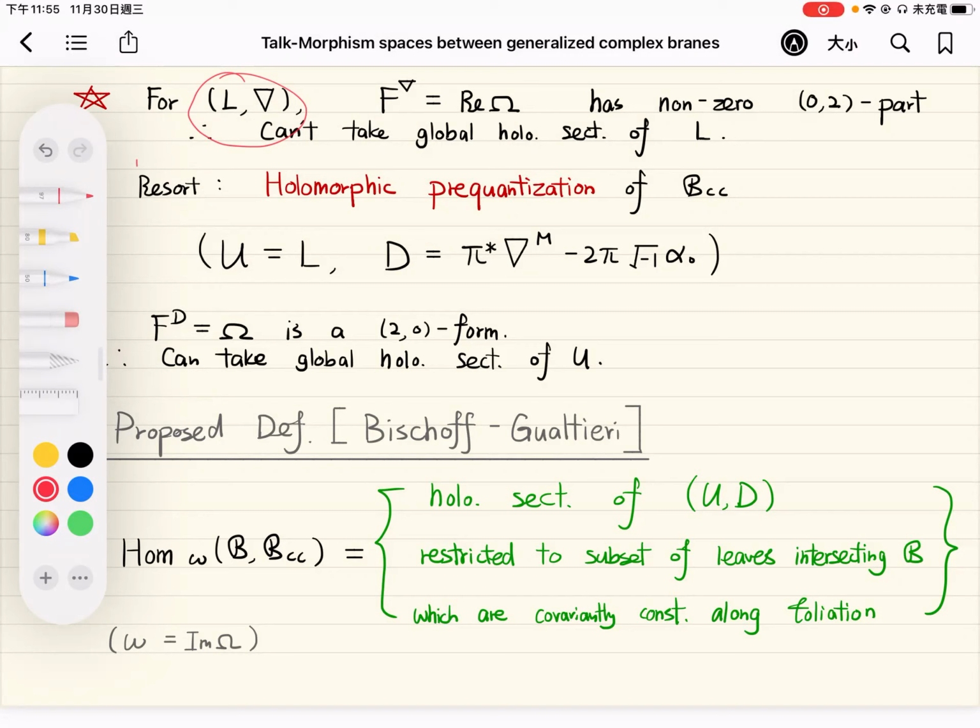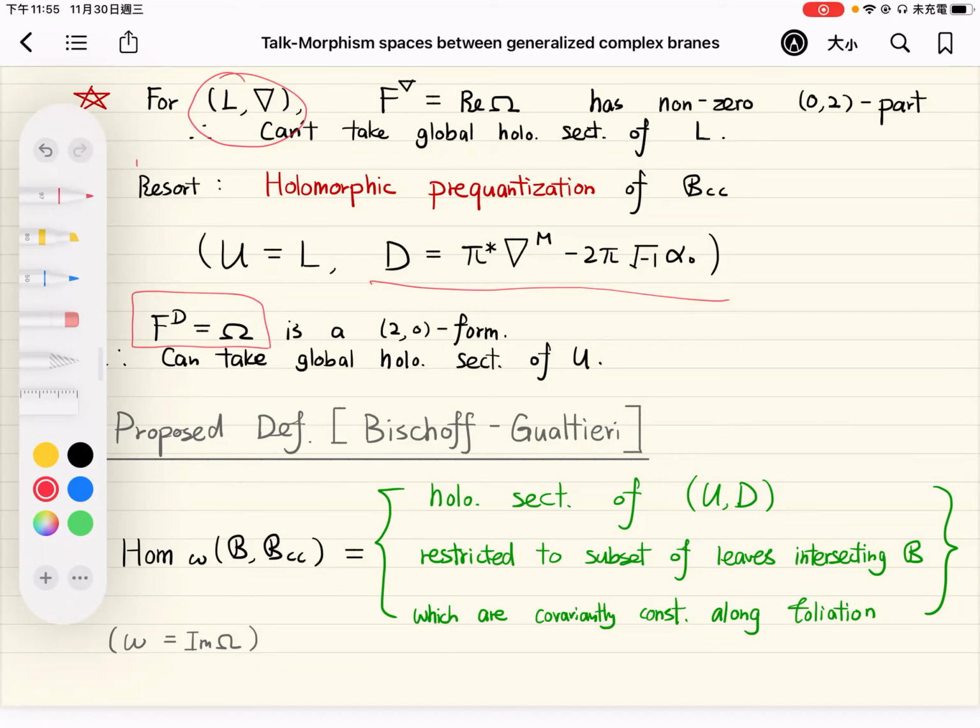But indeed, we can modify the connection for this line bundle, changing it to another non-unitary connection by adding back the primitive of the imaginary part of the capital Omega. Now we get a curvature which is the whole capital Omega, and not only the real part of capital Omega.